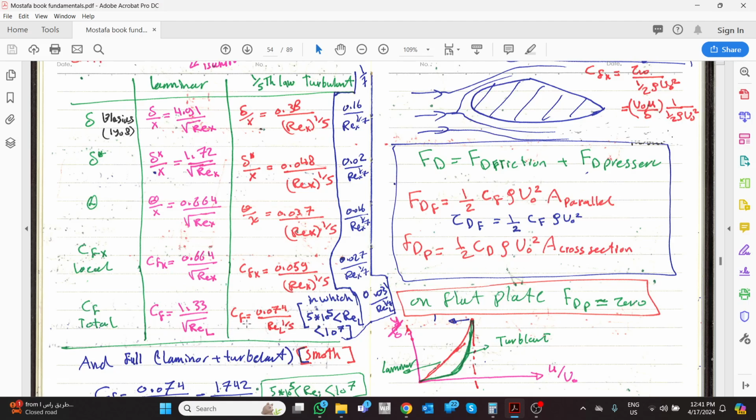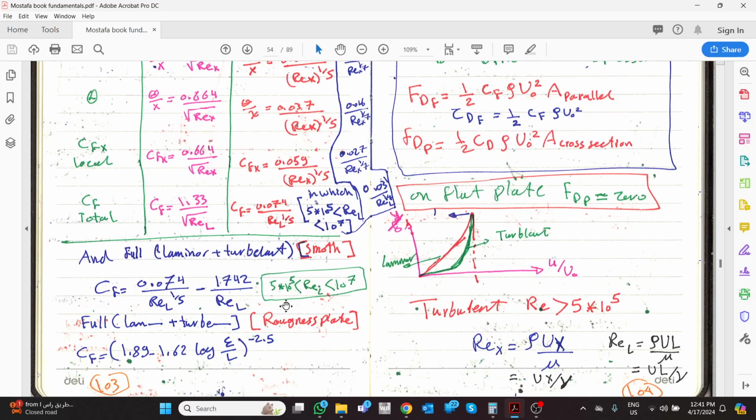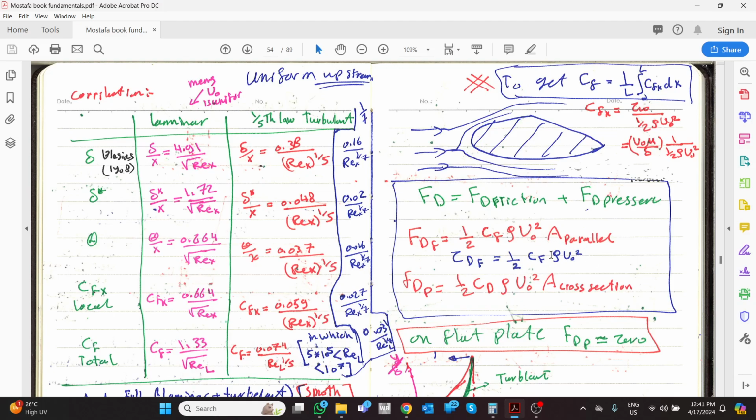CF is a function of Reynolds number. Reynolds number is a function of the density, but Reynolds number is always in the base, and density will be in the base. So density will go by density.